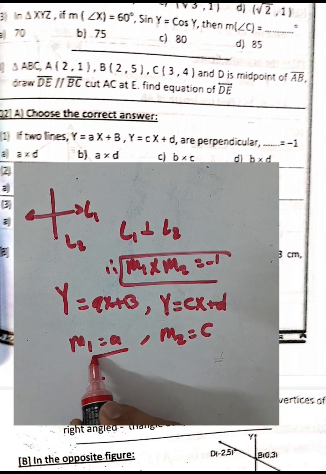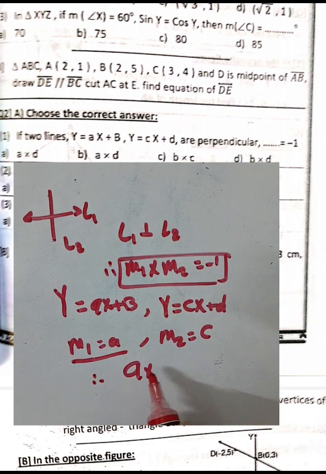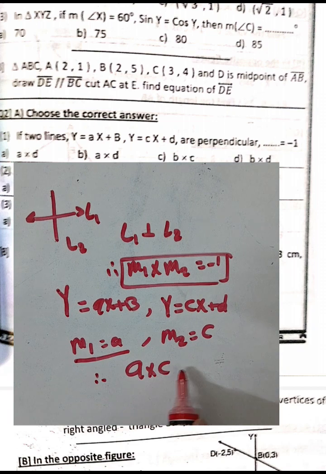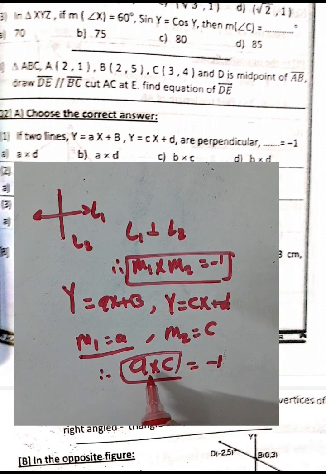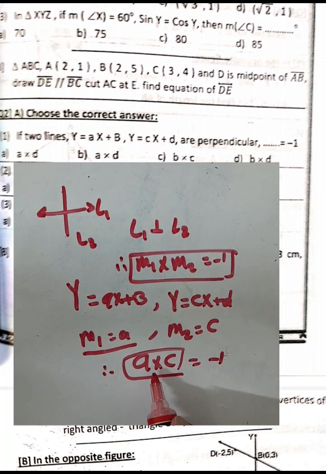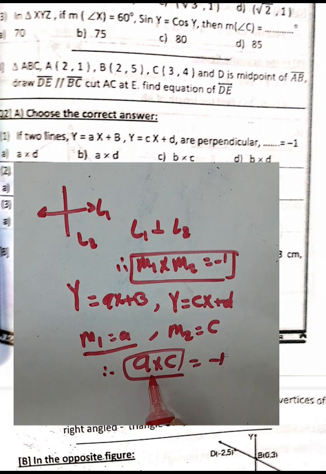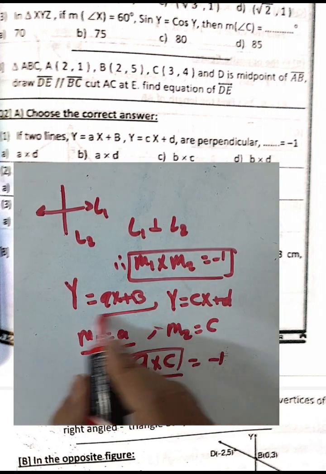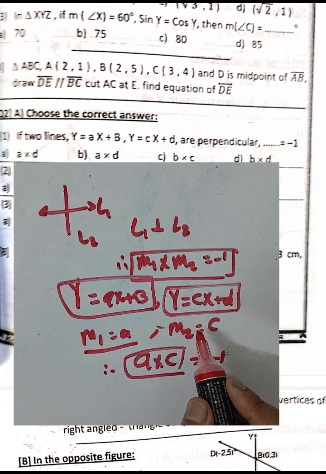Then the product of slope 1 and slope 2 equals negative 1, then a times c will be negative 1. Then you must write a product by c. The slope of the first equation is a and here the slope is c.